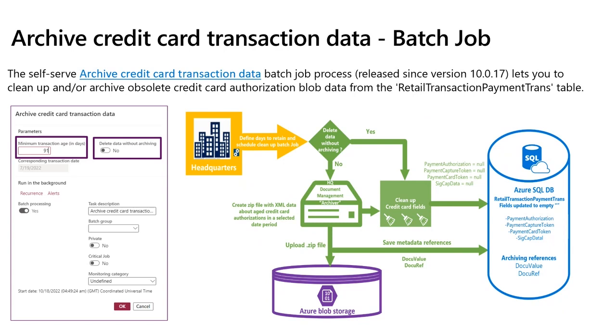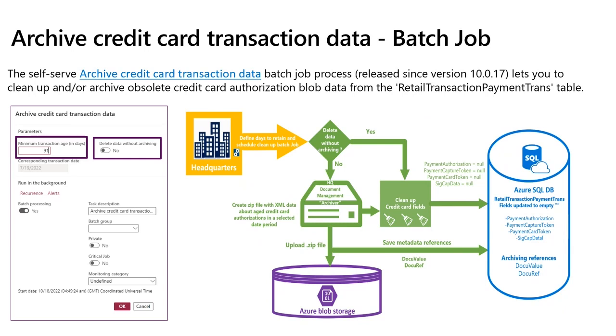If you plan to use the archiving scenario, the process will go on the no path in the diagram, which will use the document management functionality as the archiver, which stores the XML data for the credit card authorizations into a zip file and then uploads it into your Azure Blob storage. Then it deletes and frees up the data from the database, as we mentioned before, but saves the metadata related to the archiving in the docu value and docu ref tables.